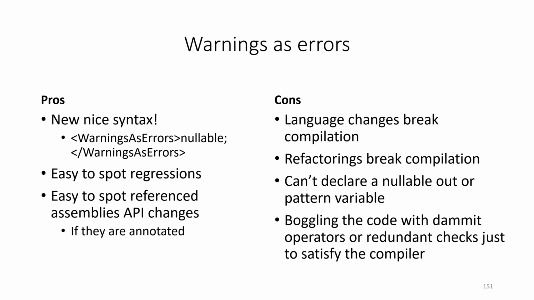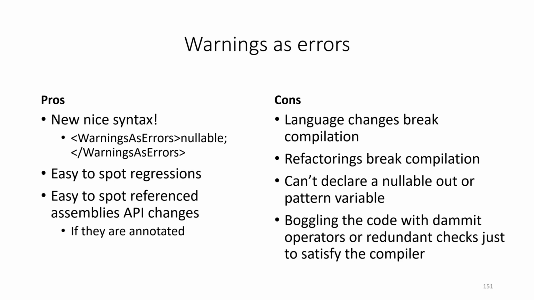There is a new nice syntax for it, warnings as errors nullable, that will leave as errors any nullable warnings, not even existing now, but that once will be added in future versions of the compiler. And it will indeed be easy to spot regressions and reference assembly API changes if they are annotated, or as they are annotated. But the downsides are that language changes will break compilation, refactorings will often break compilation.